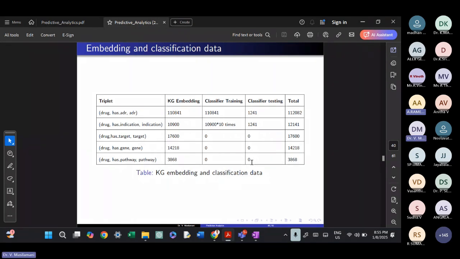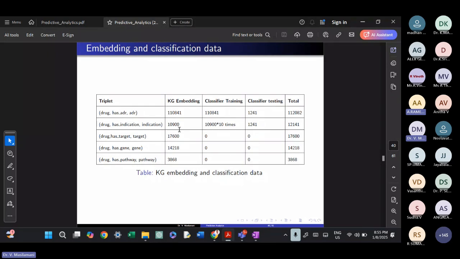Well, so if you take, for example, the edge connecting drug and ADR, this is an edge information, and this many number of drug to ADR combination is coming, and similarly, for this drug to indication, this many combinations are there.